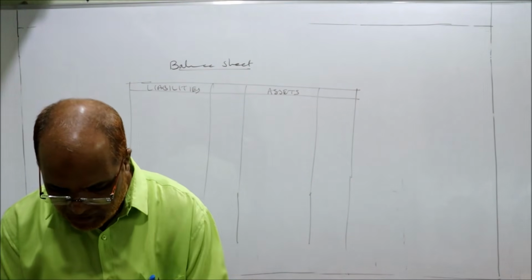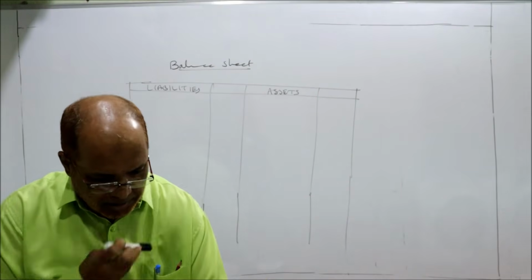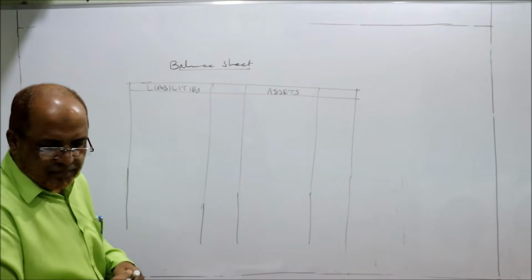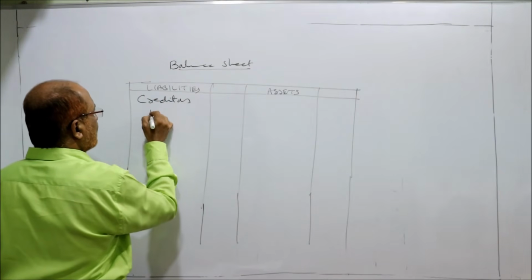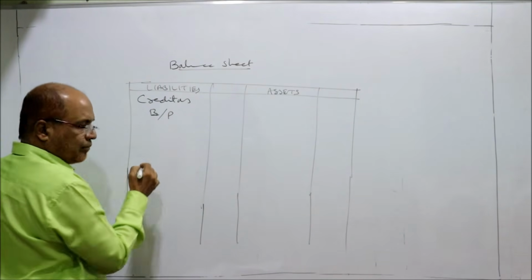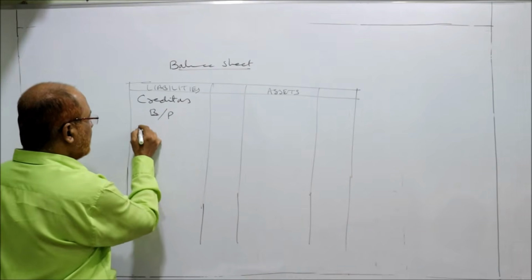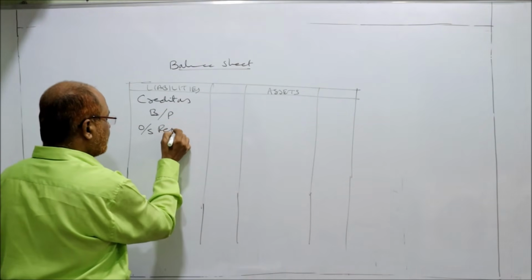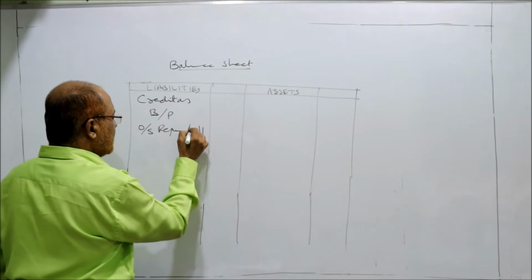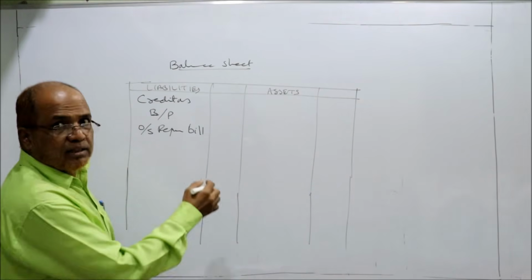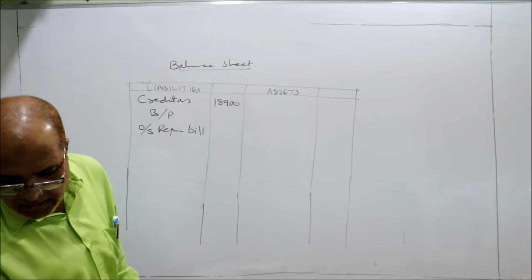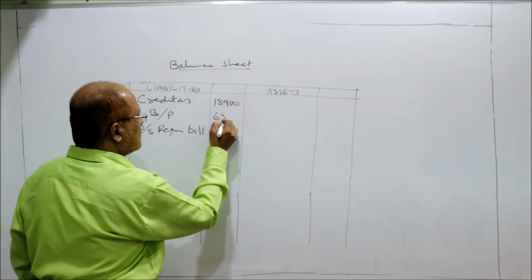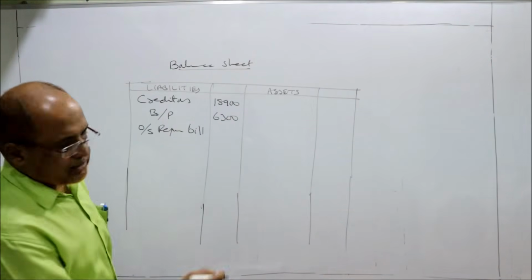By seeing the old balance sheet, we can make the new balance sheet. Creditors, bills payable, we have not changed. Then outstanding repair bill, this new liability has been brought. That is 18,900. Then 6,300 and 1,320.